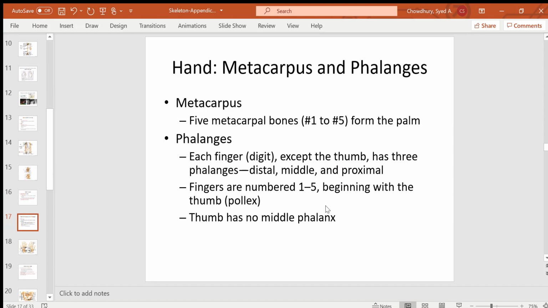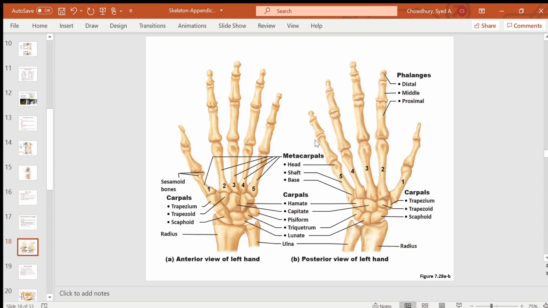Okay, bones of the hand. In your hand you have three sets of bones. Short bones are the carpals or carpal bones. How many? 8. They form 2 rows. You see here 4 and then another 4 here. Okay, so they form 2 rows in your wrist. So carpals are wrist bones, and then you have 5 metacarpals in your palm.